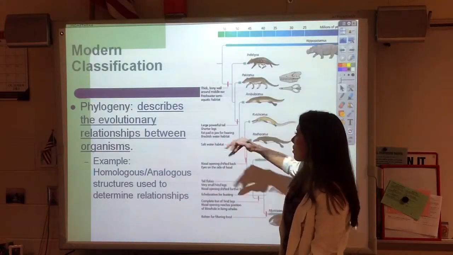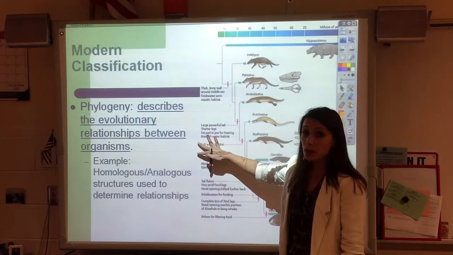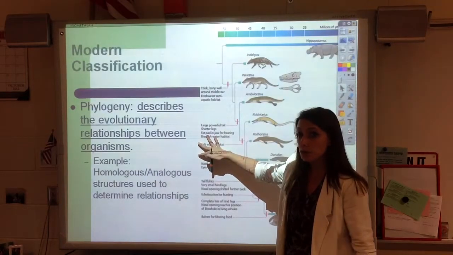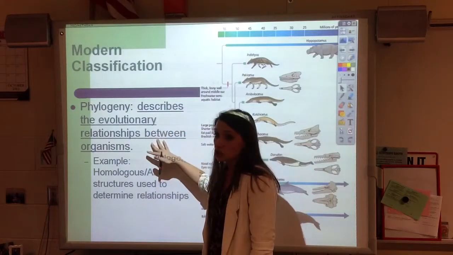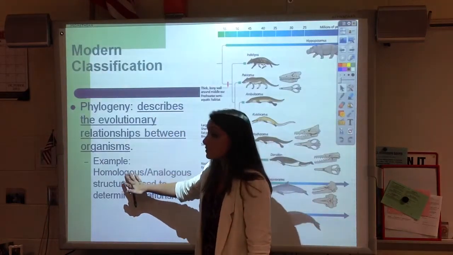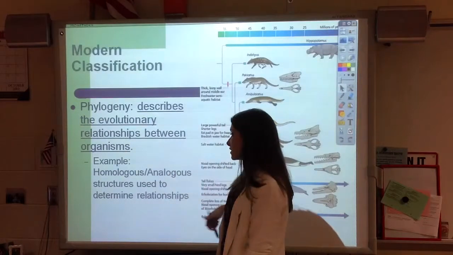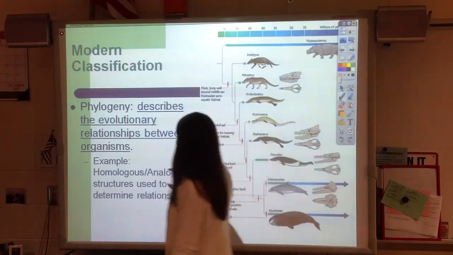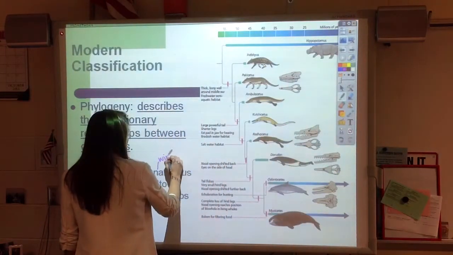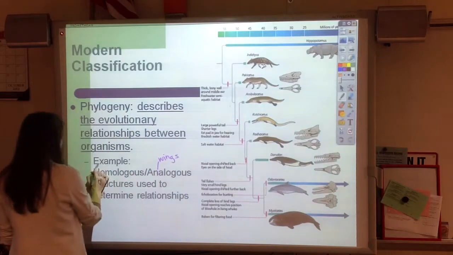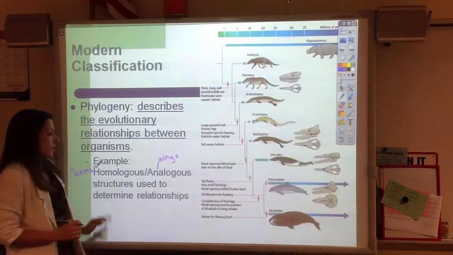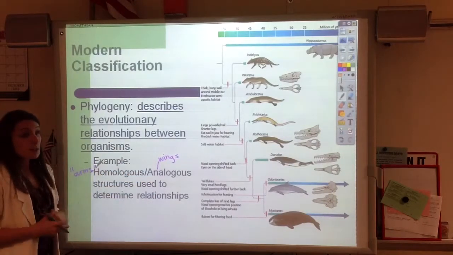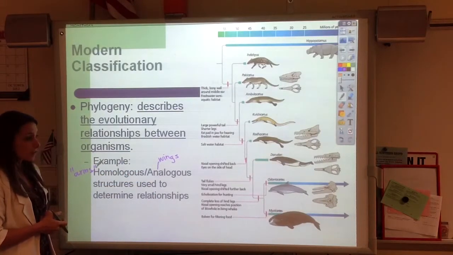And then we have something called phylogeny, and we're going to come back to phylogeny more tomorrow. It's going to describe the evolutionary relationship. So for example, remember when we talked about homologous and analogous structures, like wings and arms? Those structures can really help us tell which organisms are related.